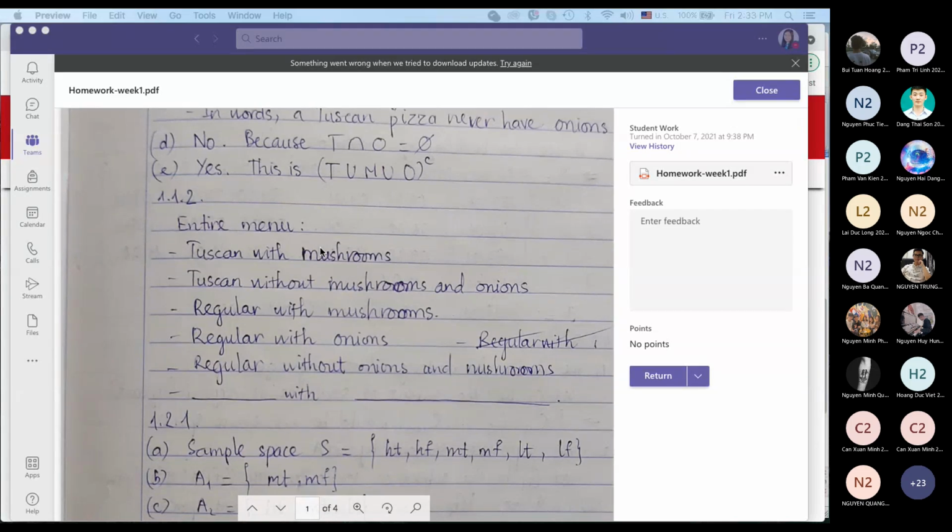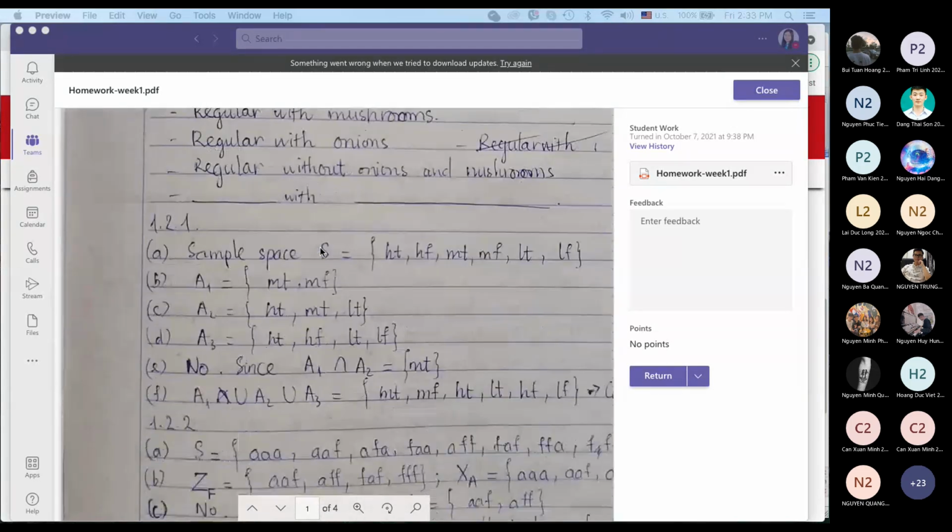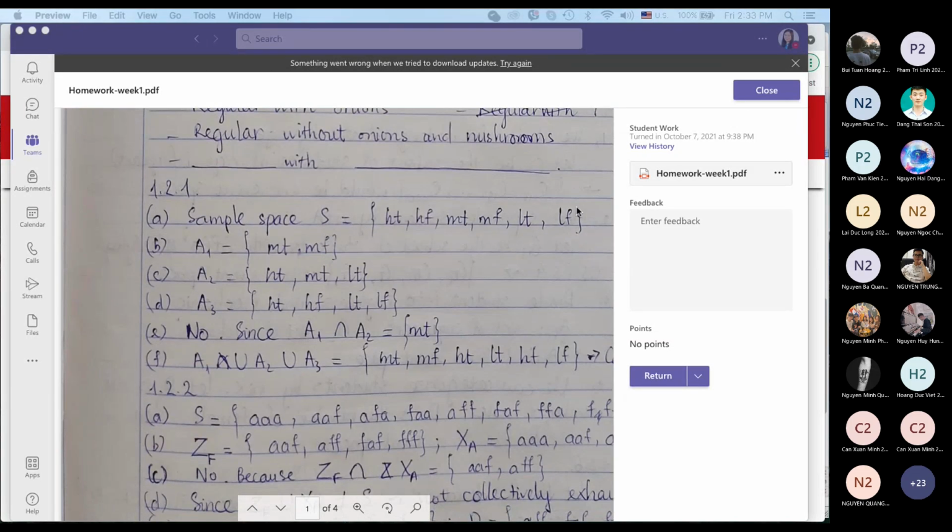Exercise 1.2.1. Sample space here. A1 is empty MF. A2 is empty MT, right? A3 is HG, HF, LT, LF, right?